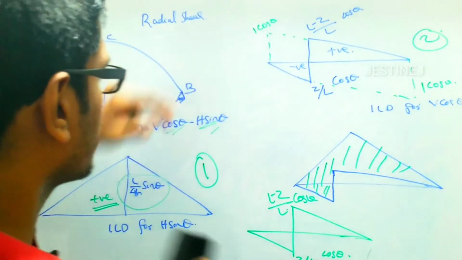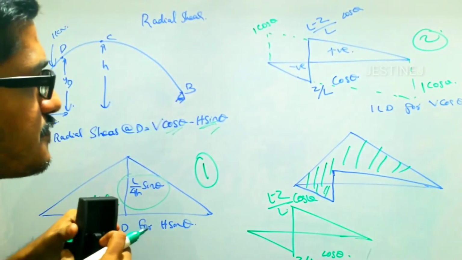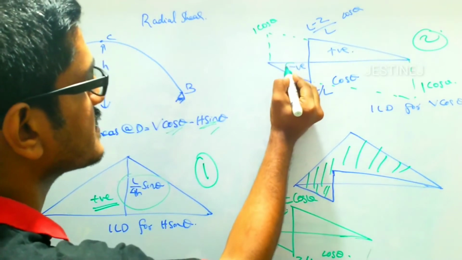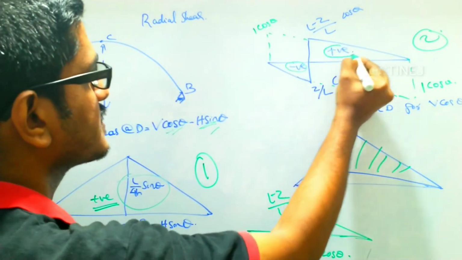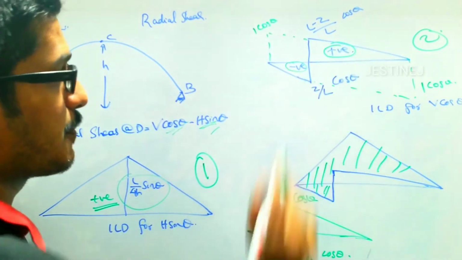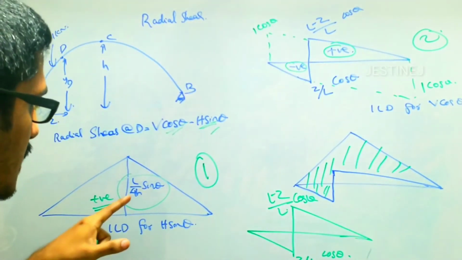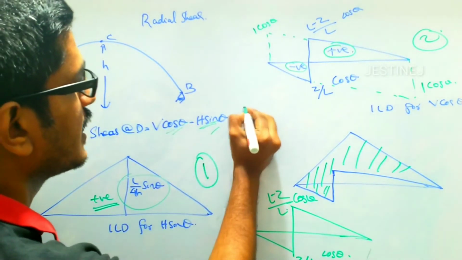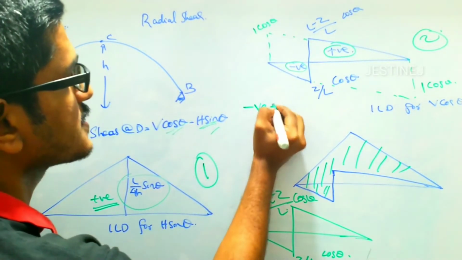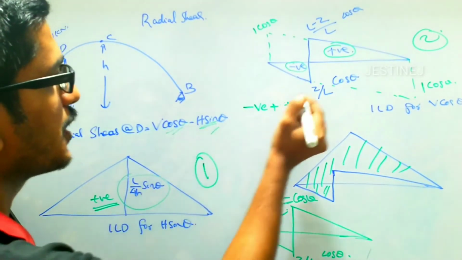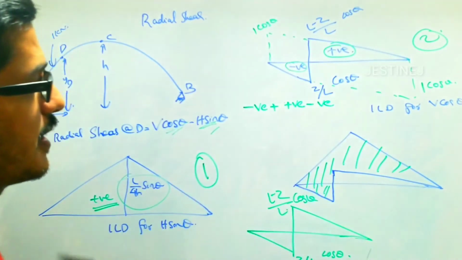For that, let us consider V cos theta. You can take this as a negative value, and here it is negative. Here negative and here positive value, and here again it is going to be positive. So if you substitute negative plus positive, then again it is going to be negative.